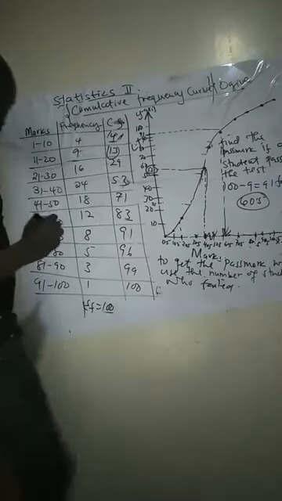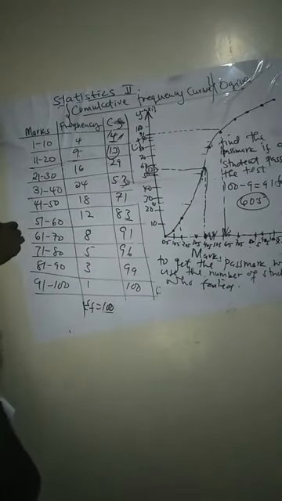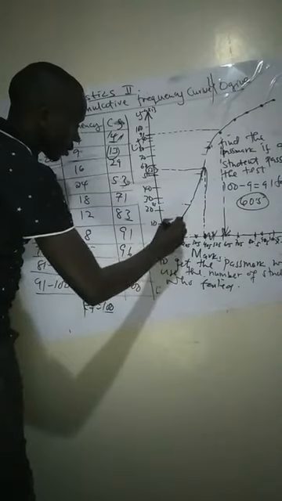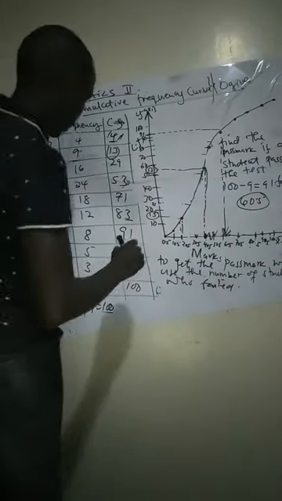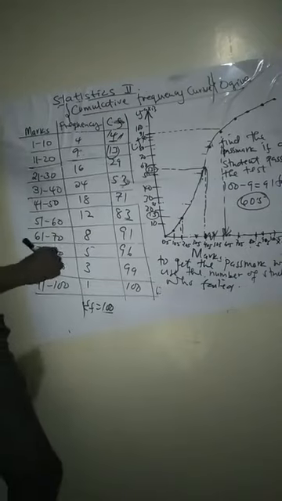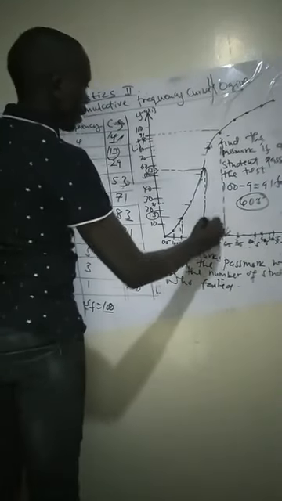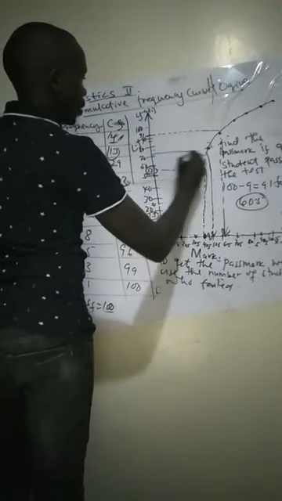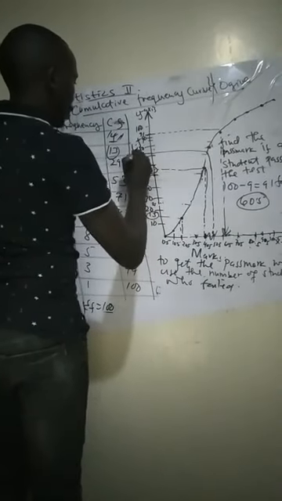So for 20.5, we should have 13. Then for 50.5, we go all the way to 71.